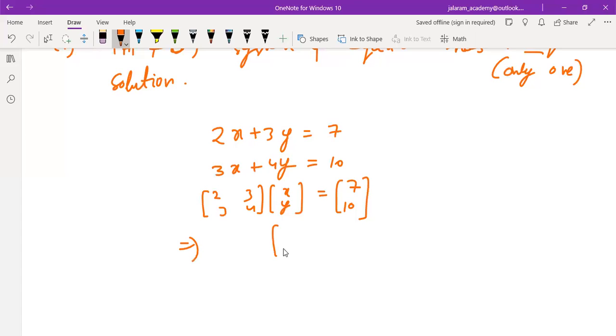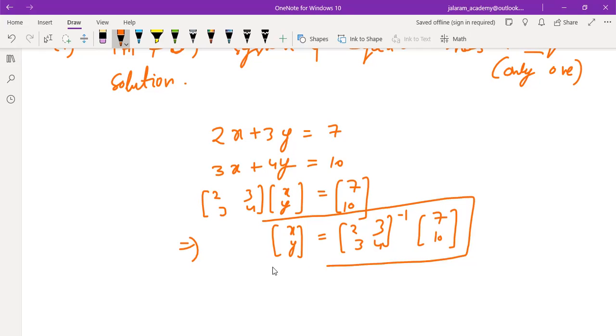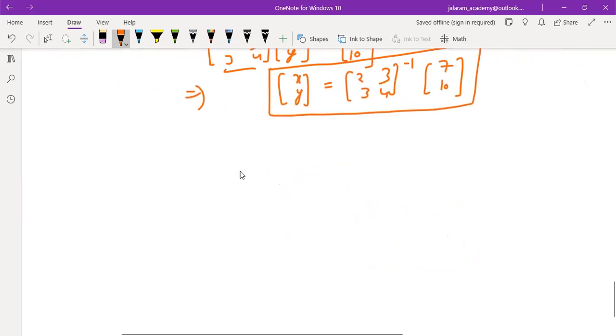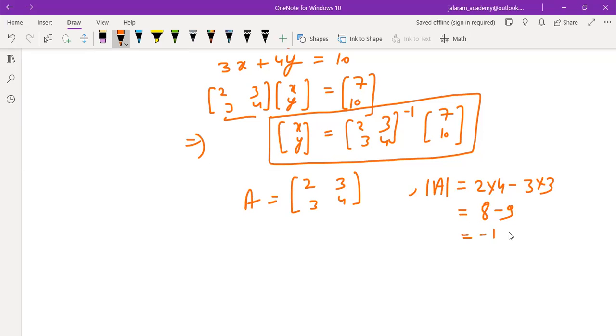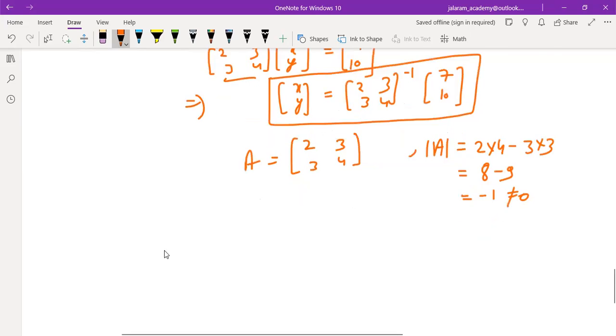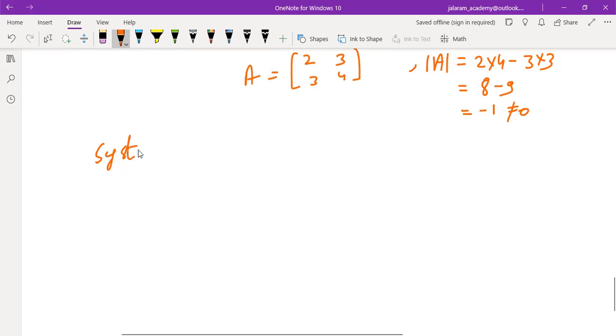If you want to find X, it will be equal to the inverse of [2, 3; 3, 4] into [7; 10]. But there is no need to find it completely to decide whether it is consistent or inconsistent. We only find determinant of A. It is 2 fours are 8 minus 3 threes are 9, so 8 minus 9 equals minus 1, which is non-zero. So the system has a unique solution.